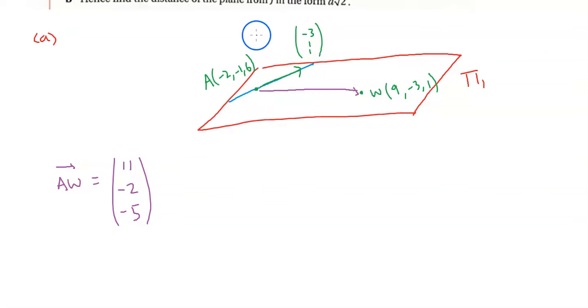Okay, now it's time to calculate a normal vector to the plane. And one normal vector that we can get is (-3, 1, 1) crossed with AW.